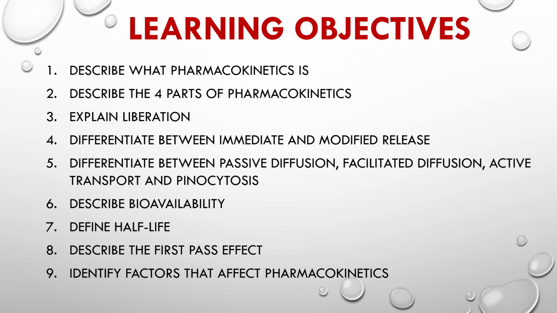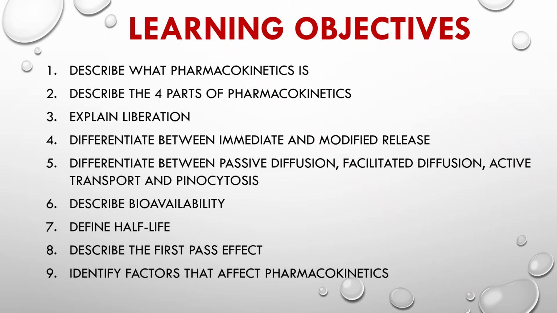So our learning objectives are just understanding what pharmacokinetics is. We're going to be talking about the 4 parts, and then sometimes there's a 5th part called liberation. We'll talk about what that is. We'll talk about different releases of medicine from that form, either immediate or modified.